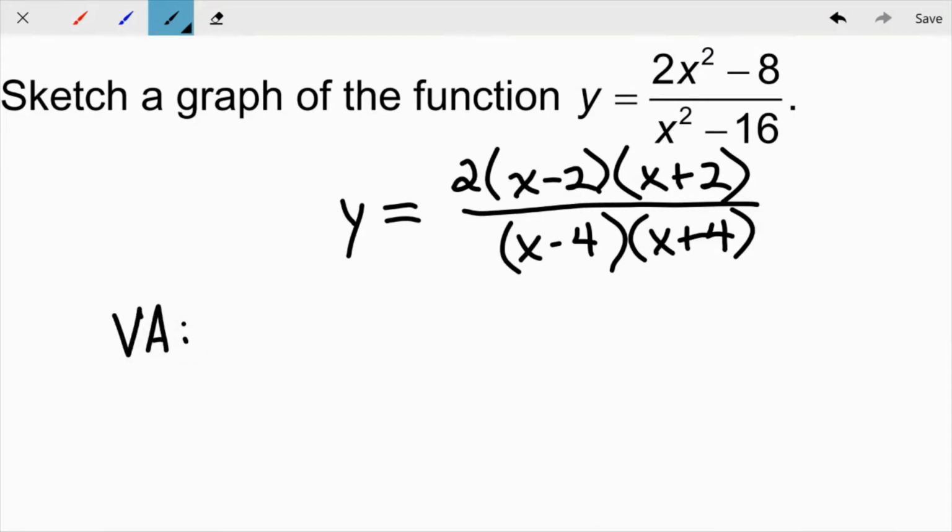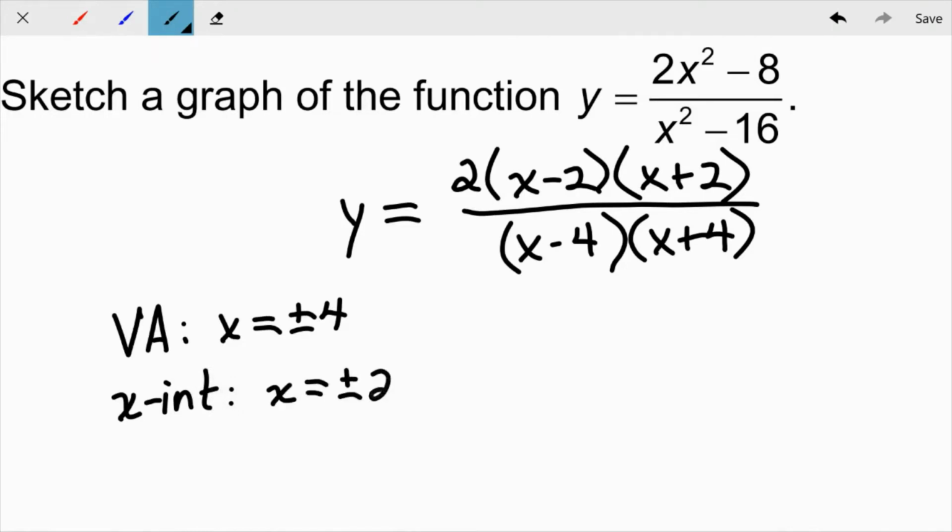So vertical asymptotes, for example. I can see now from the denominator that there's going to be vertical asymptotes at x is equal to plus or minus 4. I can also see where the x-intercepts are going to occur. There's going to be x-intercepts when x is equal to plus or minus 2. I can also see the horizontal asymptotes. And in this case, there's only one.